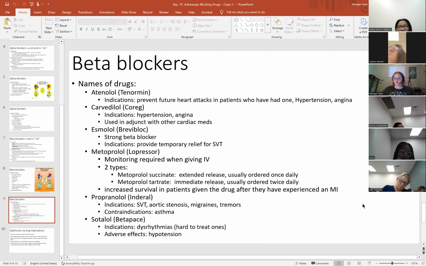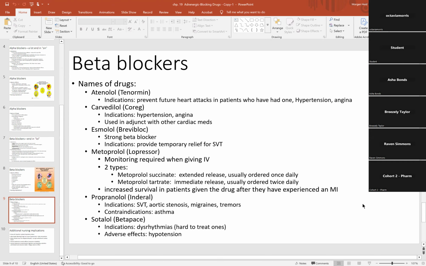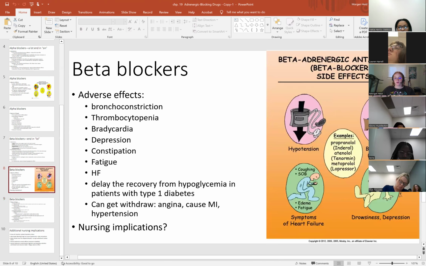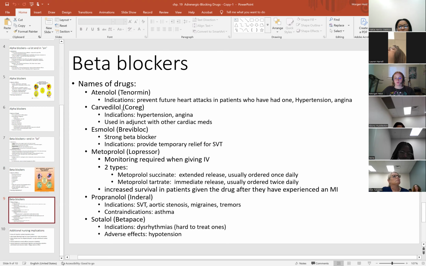Is there a question? No? Okay, sorry. I thought I heard somebody. Here's a question. Do you want us to focus on all six of the drugs? I want you to be familiar with the names. I'm not going to have you know the information underneath the names. But I do need you to know that any of these medications could be a beta blocker.